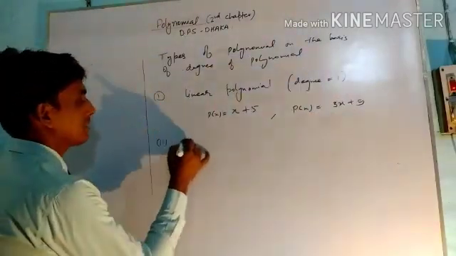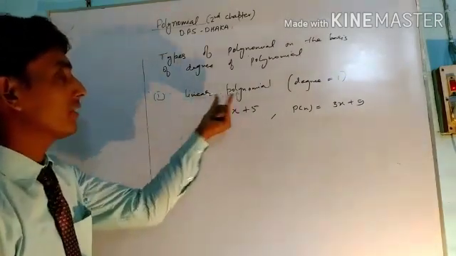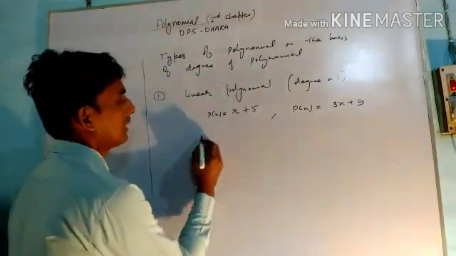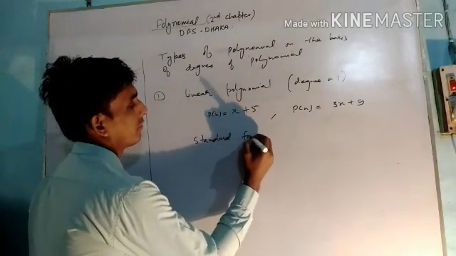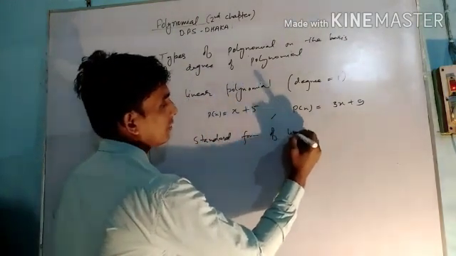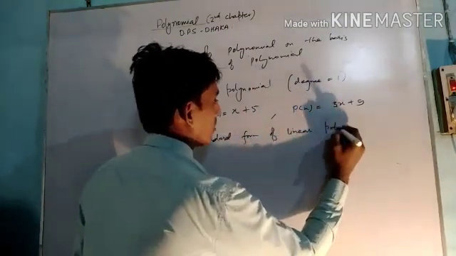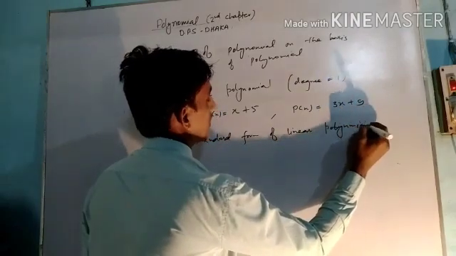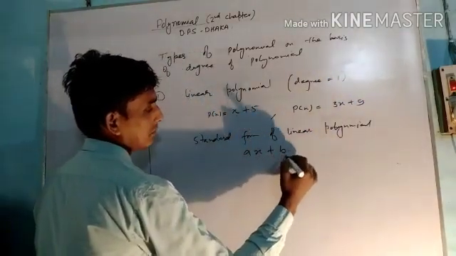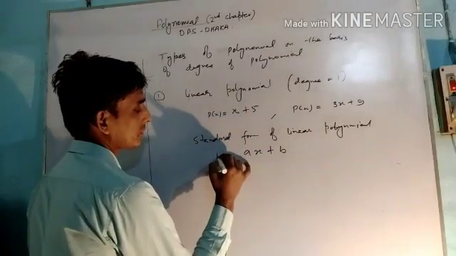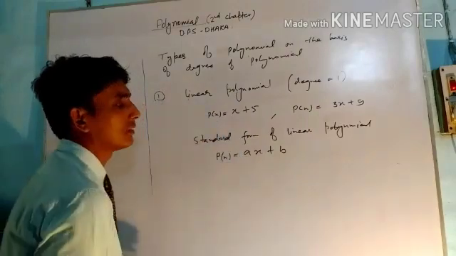Similarly, the second type is quadratic. Now, what is the standard form of a linear polynomial? p(x) is equal to ax plus b.